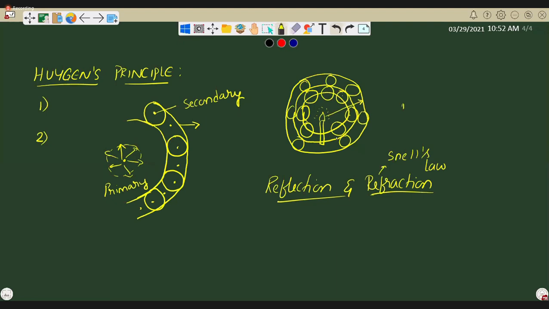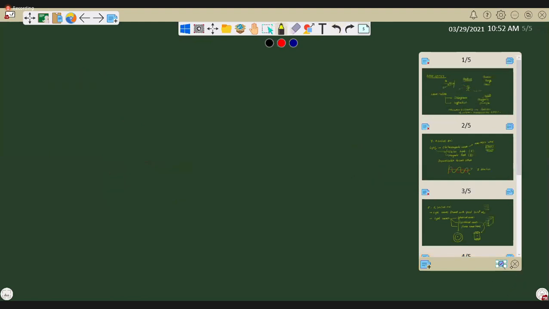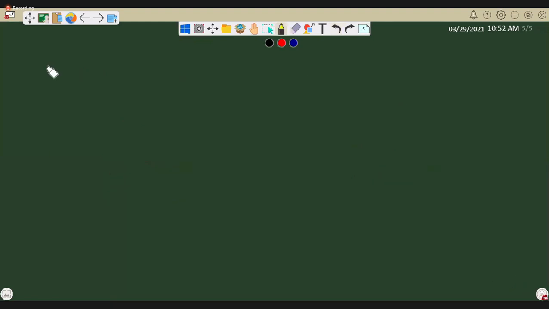So whether light is a wave or a particle, it does not matter. It should satisfy all the laws which are there. Correct? Now let us see if the wave nature of light can give you refraction. Put your heading as refraction of plane wave.